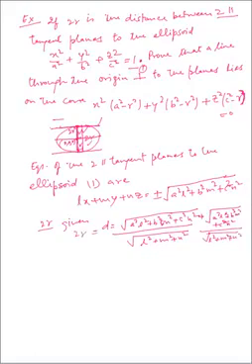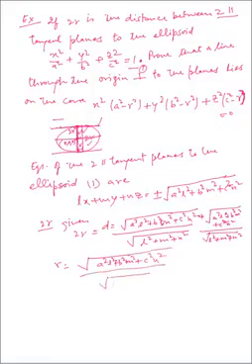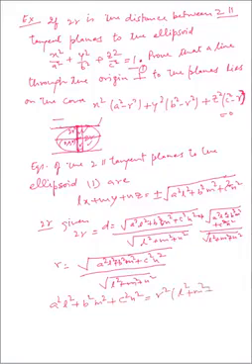So 2 will cancel because these are the same, so r is equal to a square l square plus b square m square plus c square n square upon under root l square plus m square plus n square. If we cross multiply and square it, it comes a square l square plus b square m square plus c square n square is equal to r square into l square plus m square plus n square.